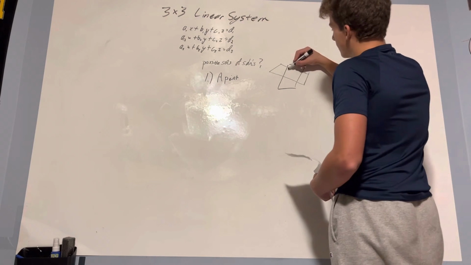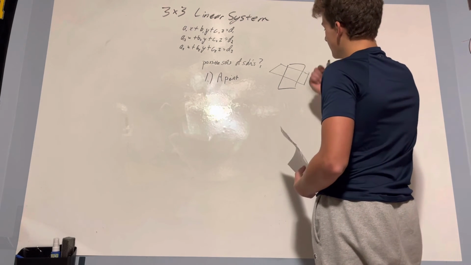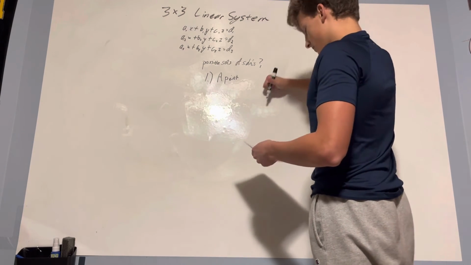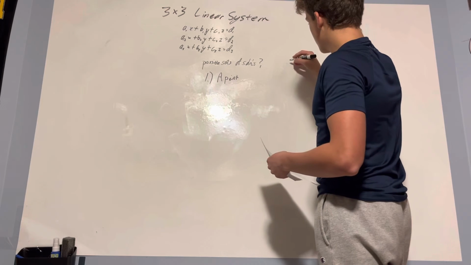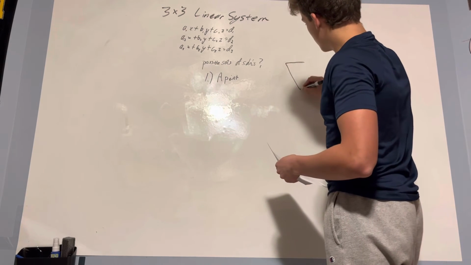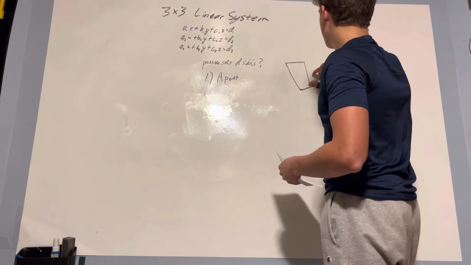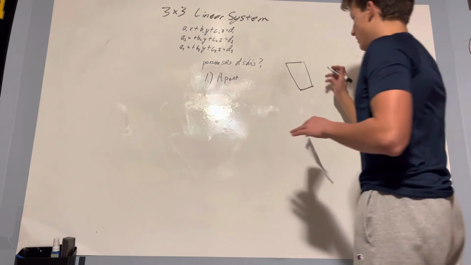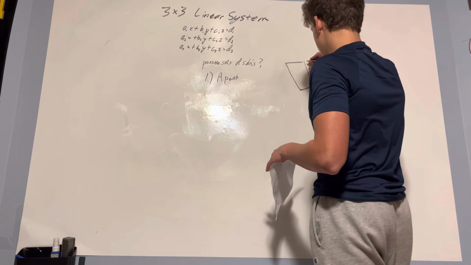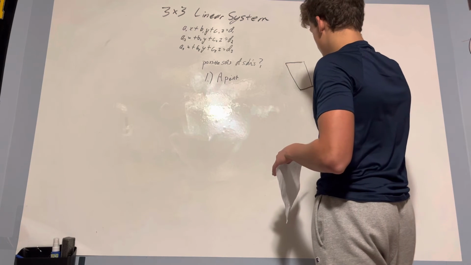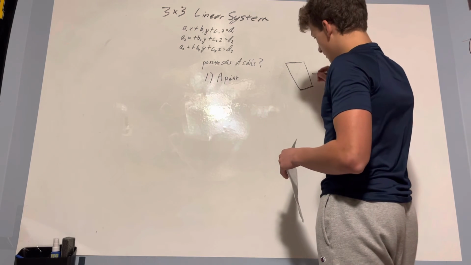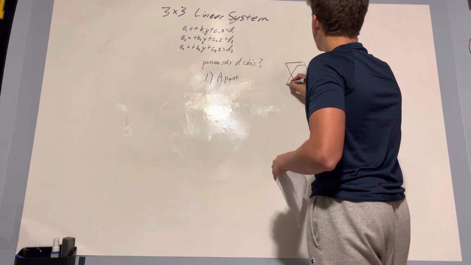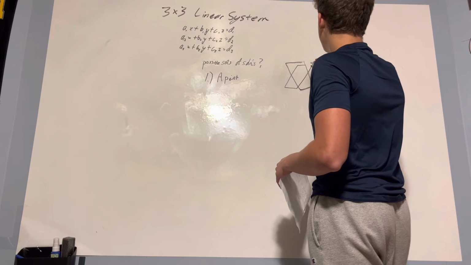It's not very clear by my drawing, but they would intersect. Let me try one more. They would intersect in a line, most of the time, unless they're parallel. So one plane there. Oh man, once again my art skills are letting me down.